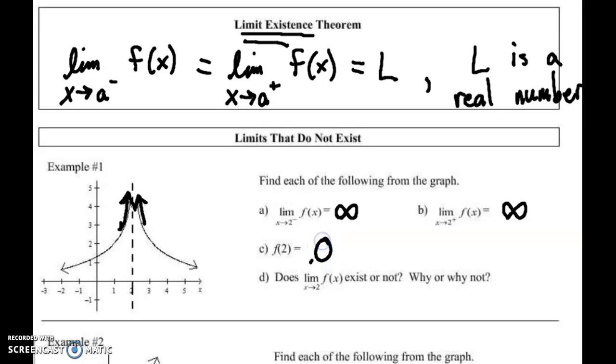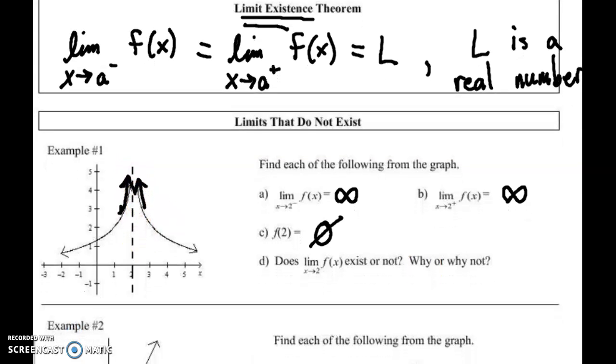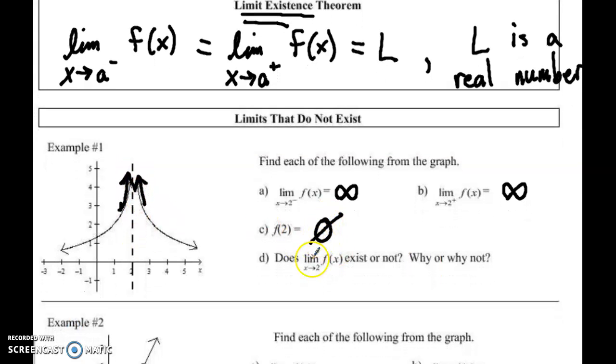I'm going to use the symbol for undefined, because there's no y value where x equals 2. So we can say that the limit does not exist because infinity is not a real number. Even though these values are the same, the limit does not exist because infinity is not a real number.